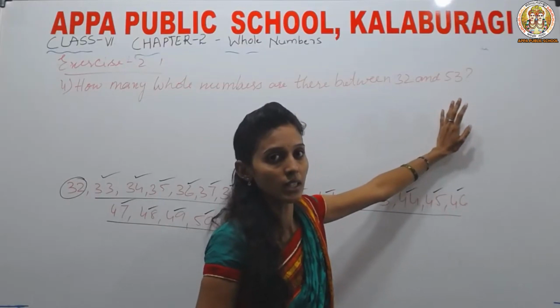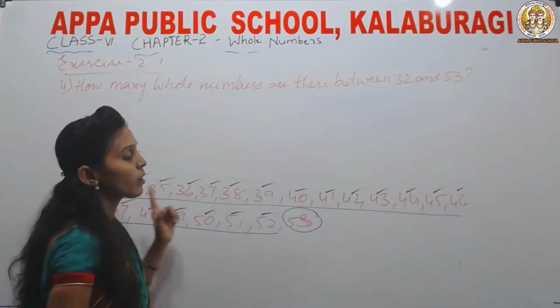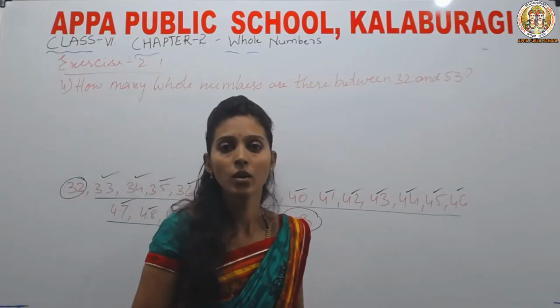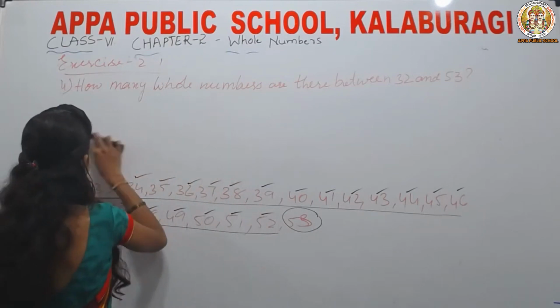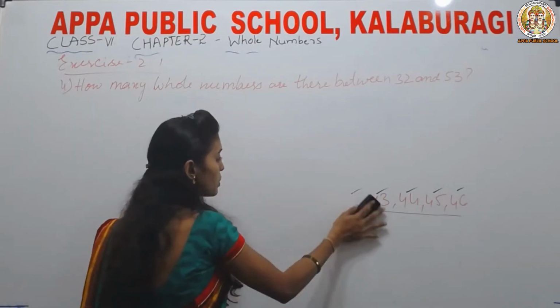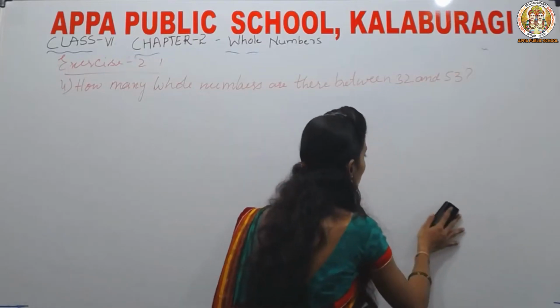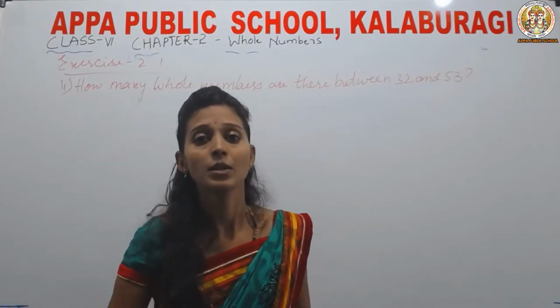But if you don't consider these two given numbers, then you will get 20 numbers. So I'll say 20 numbers. You can say 21 also, because the difference between 32 and 53 is 21, right?